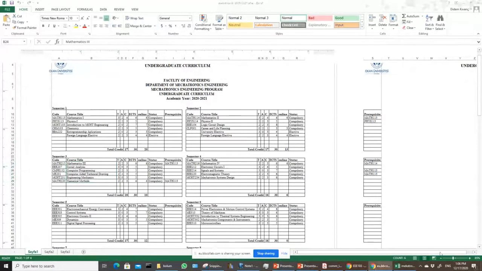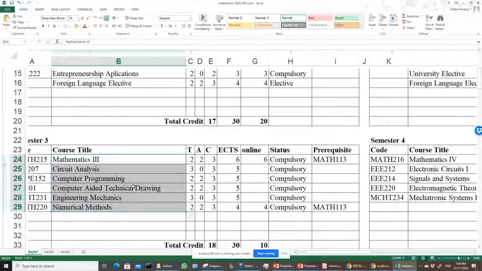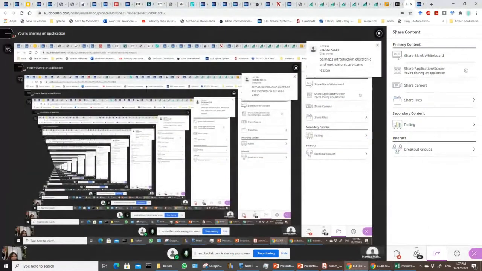It's very easy, so you have a nice math year next semester. And I think Math 4 is easy too, because it's a lot of memorization. Math 4 is the second semester. Electrical and mechatronics will do circuit analysis, computer programming, computer-aided technical drawing, engineering mechanics, numerical methods. The engineering mechanics is for mechatronics. The electrical people will have something else.